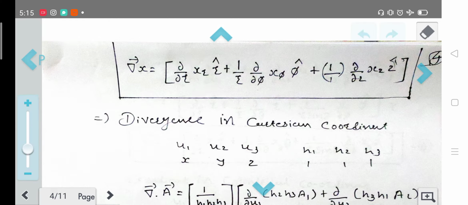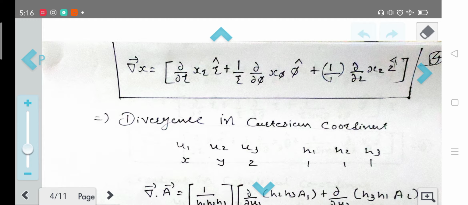So we will have del by del r component of x r cap plus 1 upon r del by del phi, phi component of x phi cap plus here it will be 1, and we will have del by del z, z component of x and z cap. So this will be the formula for gradient in cylindrical coordinate system.